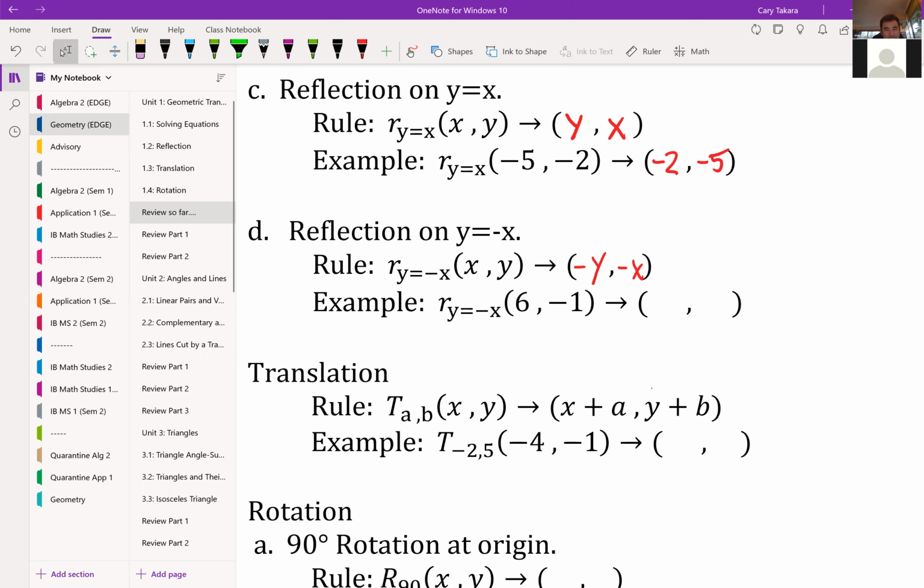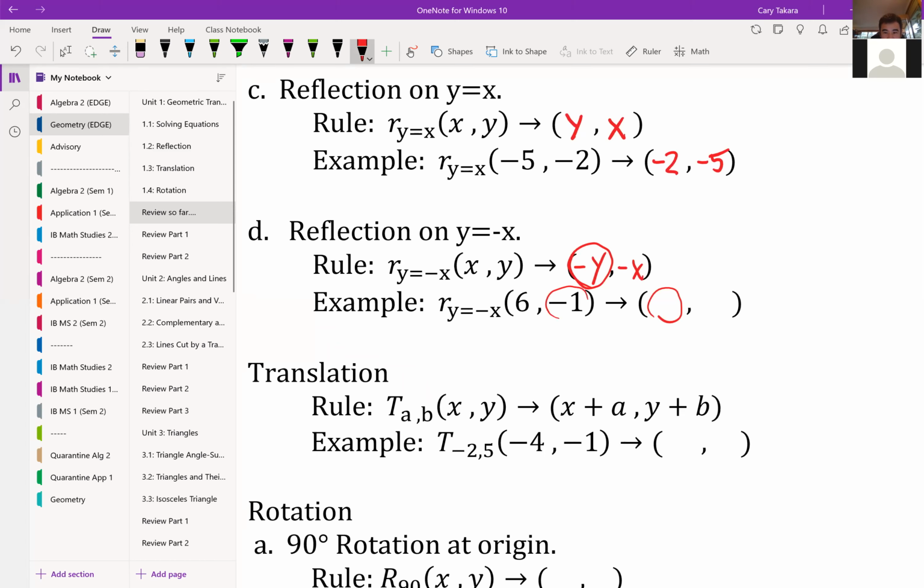So what would 6, -1 become? Can you write down the new coordinate for D? For the first number, you want to do the opposite of y.